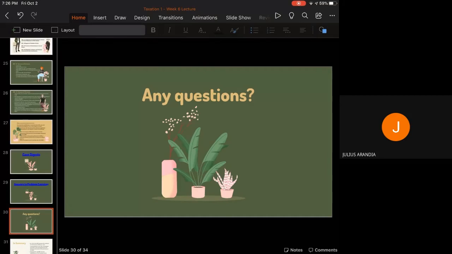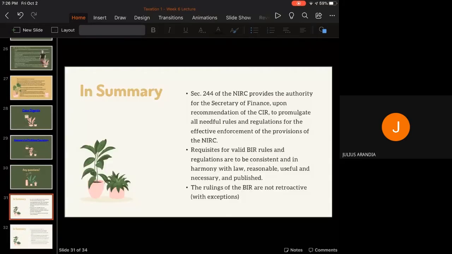Okay. So in summary, the Secretary of Finance, upon recommendation of the CIR, is authorized to promulgate all the rules and regulations for the effective enforcement of the NIRC. For it to be valid, the BIR rules and regulations are to be consistent and in harmony with the law, reasonable, useful, necessary, and it must be published in the official gazette or in a newspaper of general circulation.